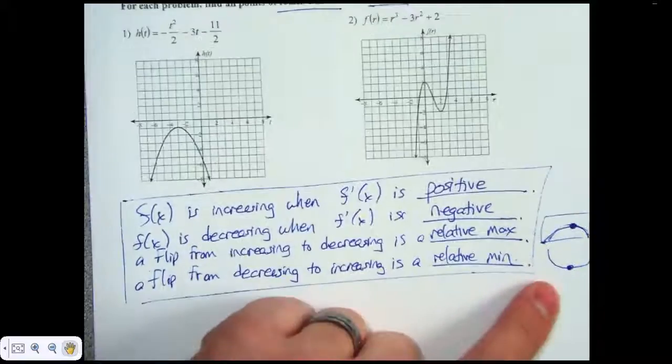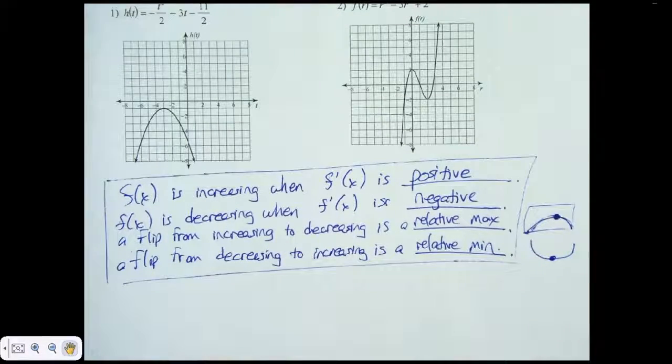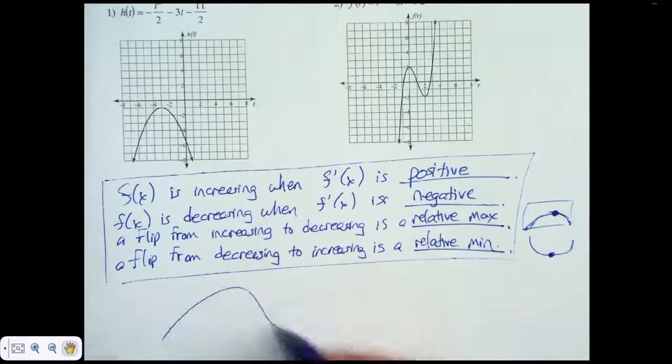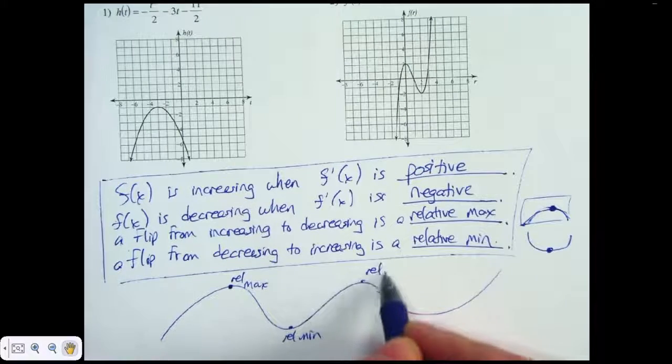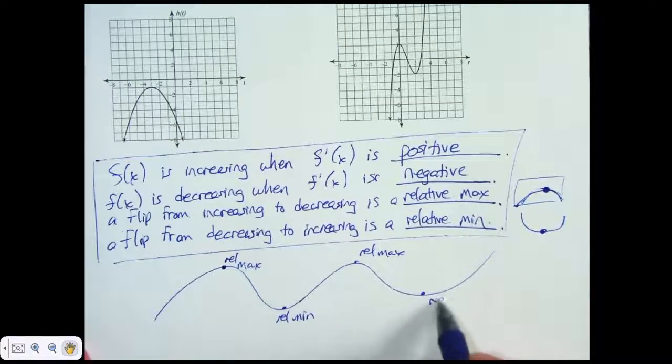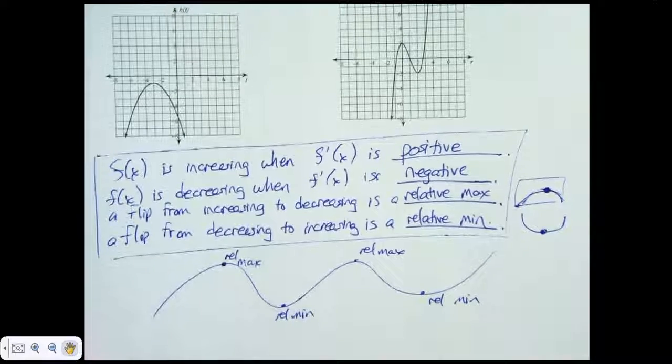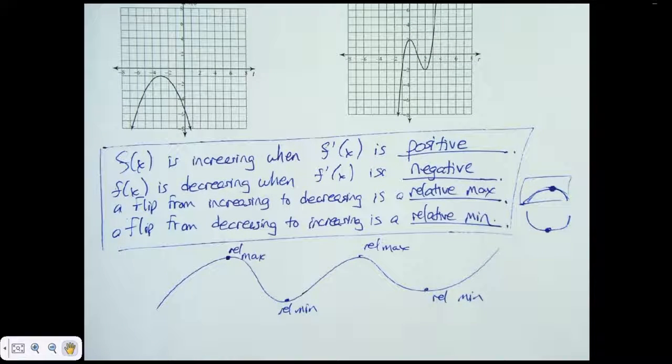And you might have several relative max and mins in a graph. We got a relative max here, relative min here, relative max here, relative min here. You could have multiple, like a sine and cosine graph. You've got an infinite number of relative maxes and relative mins. It's just hills over and over and over.